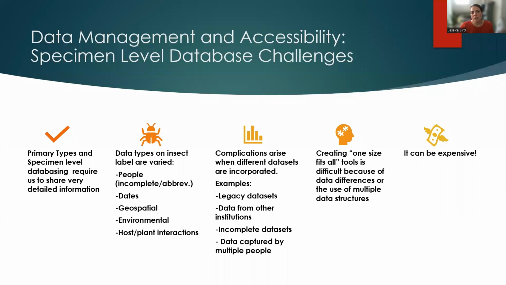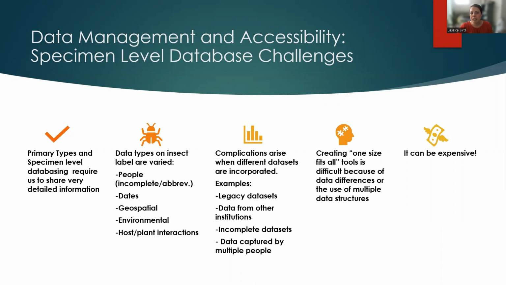When it comes to specimen level databasing, there can be many challenges. First, we are sharing very detailed information. Entomologists fit a lot of information on our tiny labels, and there are various data types that are contained within. Next, at least in our museum settings, we're trying to incorporate many different types of data sets.